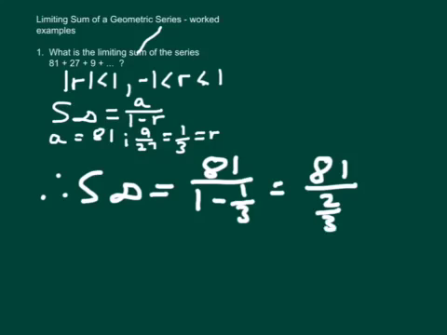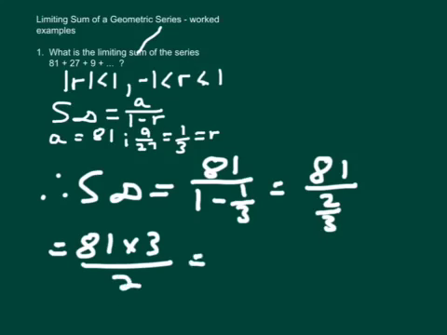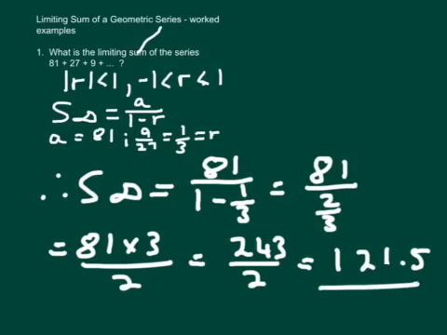So that's equal to 81 times 3 divided by 2. And 81 times 3 is 243 divided by 2. That's a reasonably satisfactory answer, but if you want to present it as a mixed number, it would be 121 and a half, or 121.5. And that's our first example.